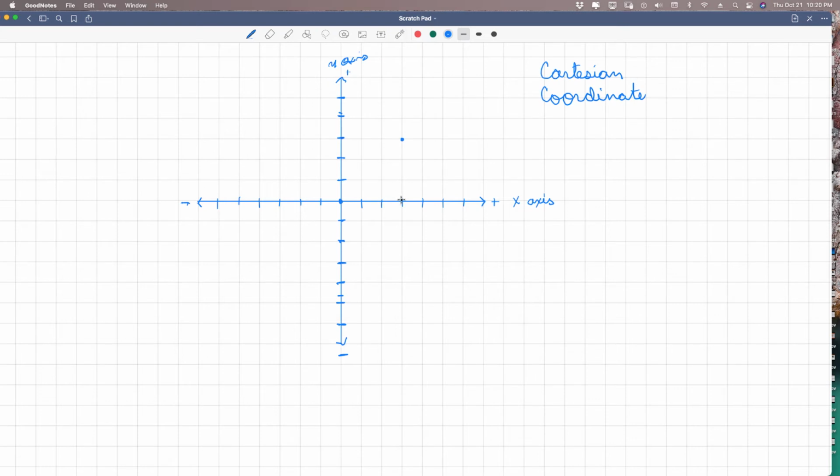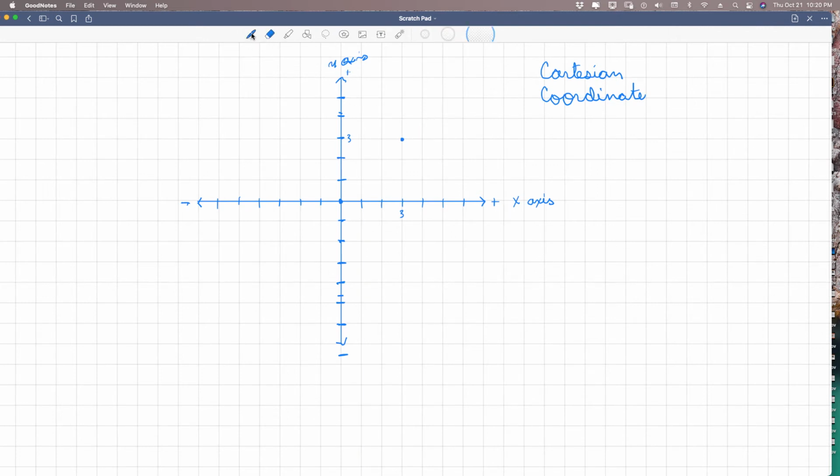That place is marked by a number here on the x-axis, which would be 1, 2, 3, and a number here on the y-axis, which would be 1, 2, 3 as well. And we would write that as a point with what we call an ordered pair label. An ordered pair just means that it is in a specific order. And that order is going to be x and y.